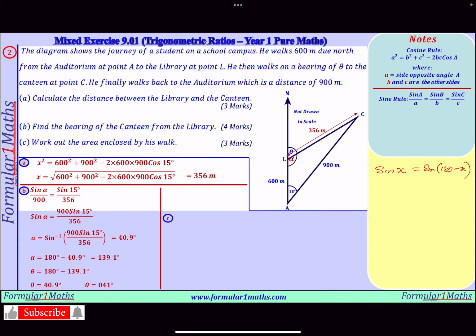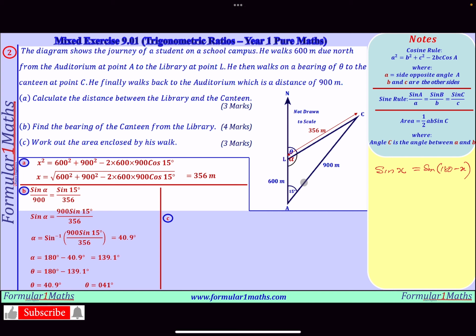For C, we're going to use another formula to find the area of this triangle. And that formula we're going to use is half a times b times sine C, where angle C is the angle between a and b. So we've got these two sides, 600 meters and 900 meters, and the inclusive angle between them is 15.